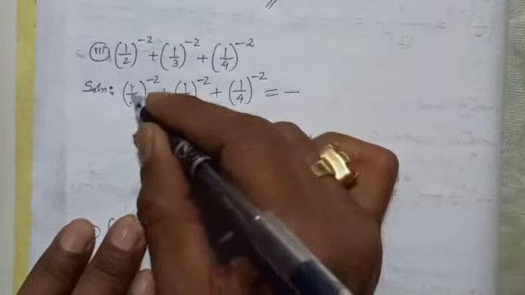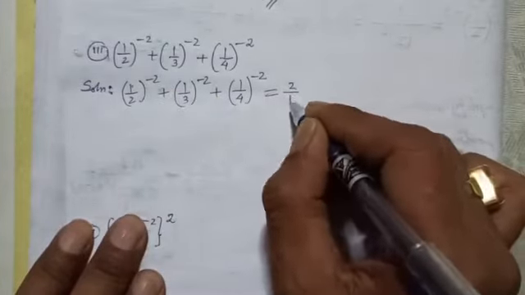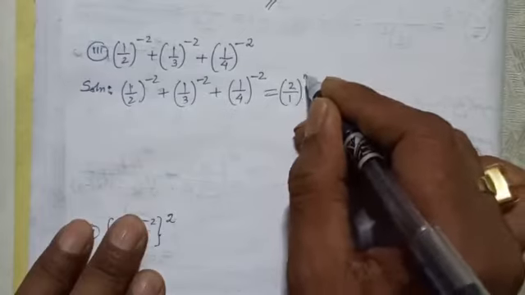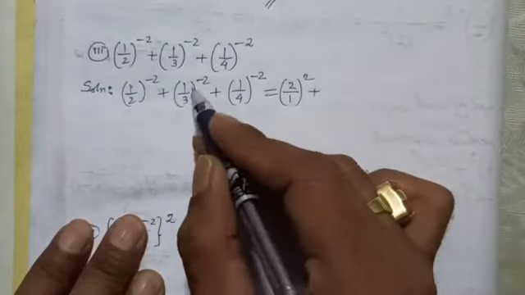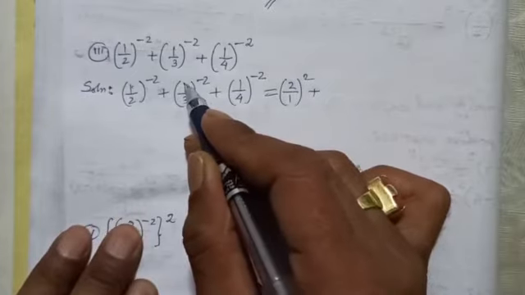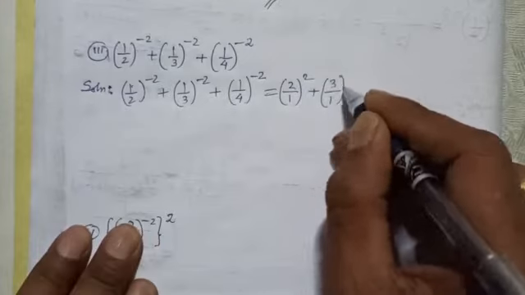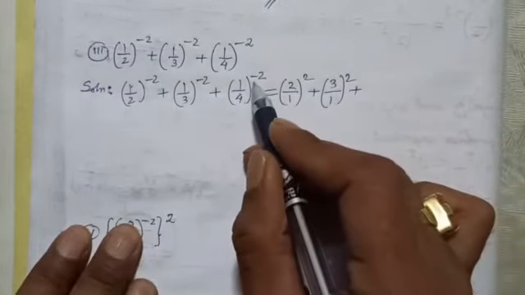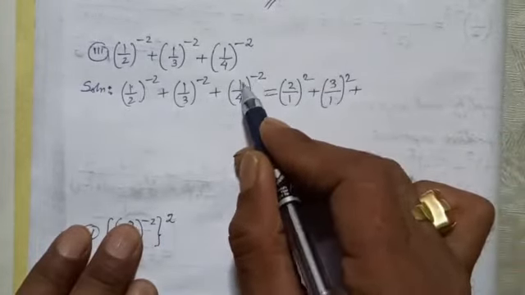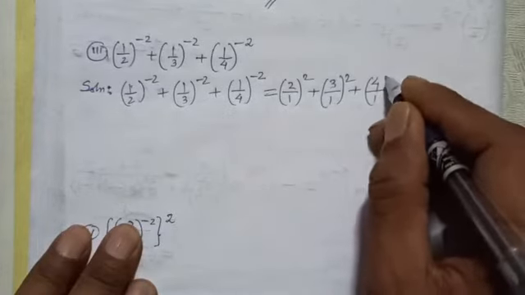That means minus sign is leaving from the power, 1 and 2 are interchanged, then we can write 2 by 1 whole square plus, here minus sign in the power, so let's leave this minus sign, and 1 and 3 are interchanged, then we can write 3 by 1 whole square plus, here there is minus sign in the power, so 1 and 4 are interchanged, then we'll get 4 by 1 whole to the power 2.